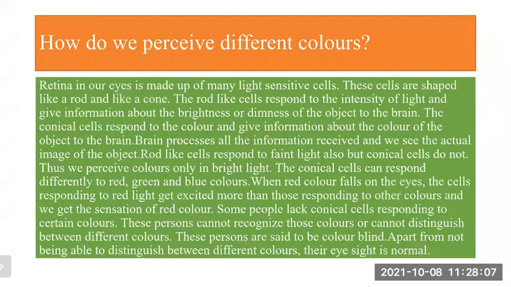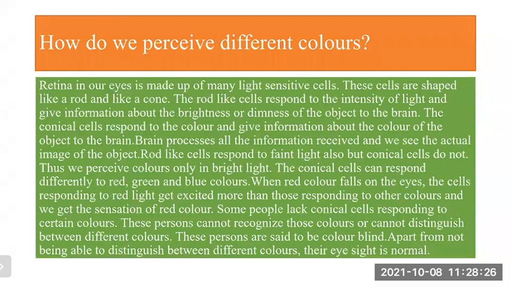Okay students, so today what have we learned? We have learned about the defects of vision and their correction. Three types of defects we have seen: myopia, hypermetropia, presbyopia. We have also seen how they can be corrected.